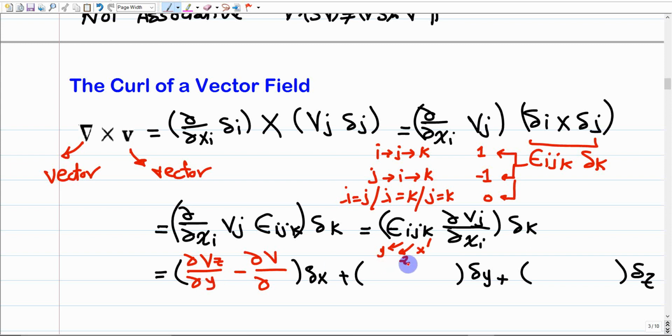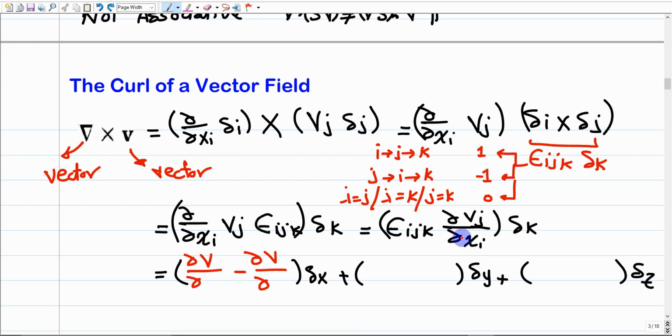How about if we needed negative, so we have to switch. What does it mean? It means that for k equals x, I should have i equals z, but j should be y. So I'm going to have the partial derivative of vy with respect to z. Make sense? So in this case, I do have the order epsilon ijk, then I do have j over i.